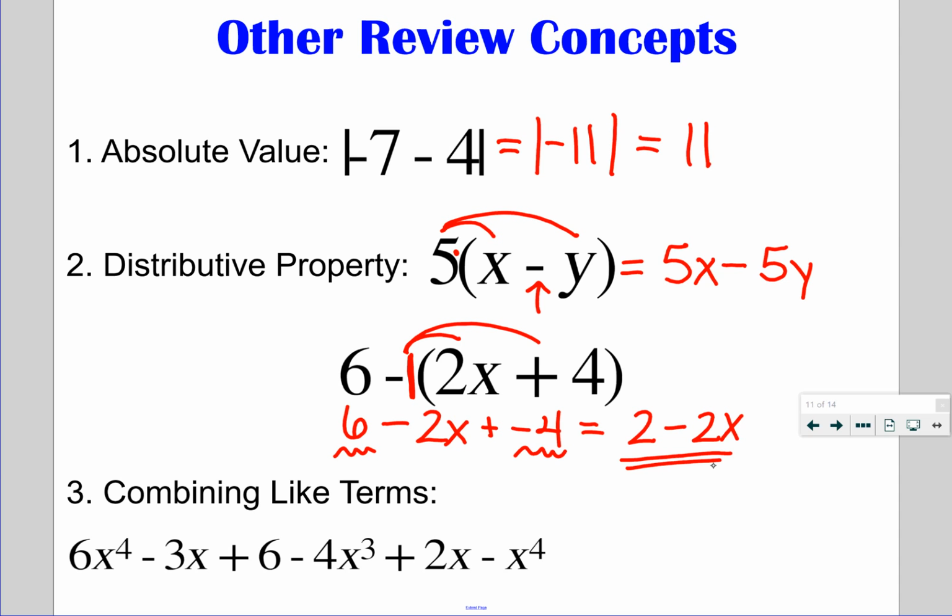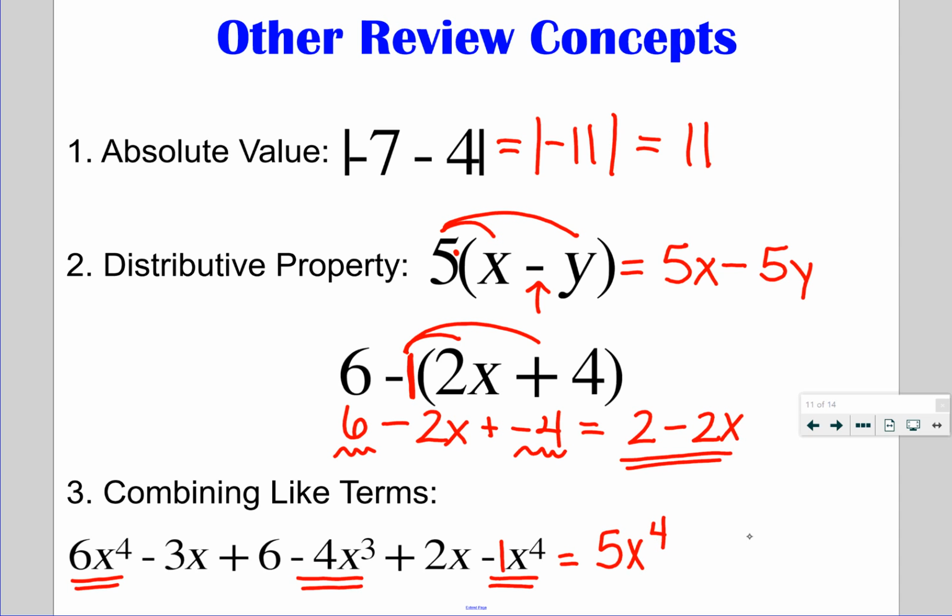If we're looking at the problem on the bottom, I have several sets I can combine together. For example, I have a 6x to the fourth, and I have a negative 1x to the fourth. If I add those terms together, I have a 5x to the fourth. Then, if I'm going in what we call descending order, exponents highest to lowest, it's a good thing to get in the habit of writing those.